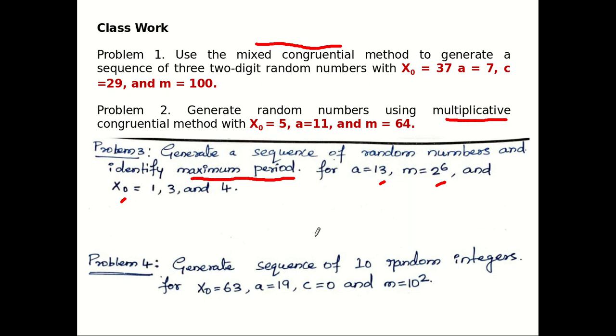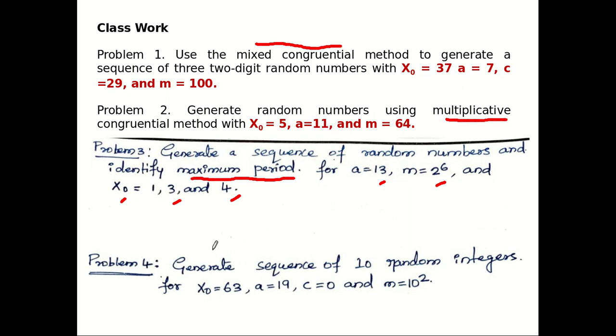You have to identify the length of the generator, that is, after how many numbers the same random numbers start repeating. In the next step, consider x naught as 3, a as 13, m as 2 raised to 6, generate a sequence of random numbers, and identify the maximum period of this generator. Similarly, generate the sequence and the respective cycle length, that is the maximum period, by considering x naught equal to 1, 3 and 4, keeping a equal to 13 and m equal to 2 raised to 6.